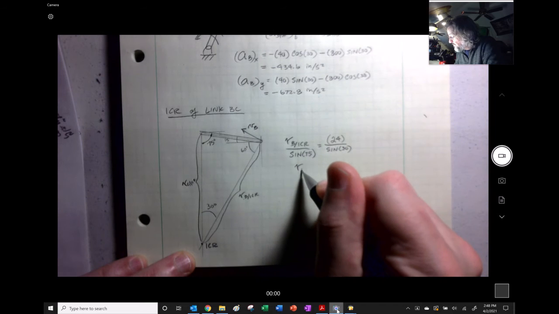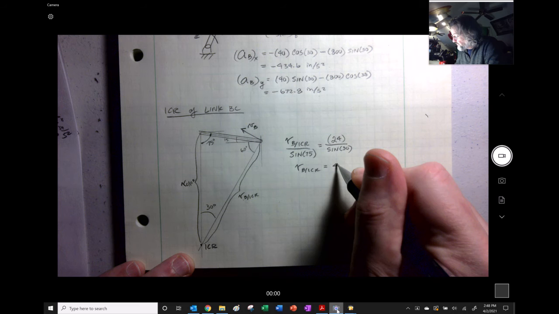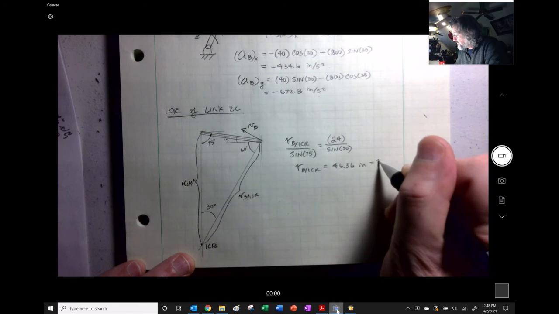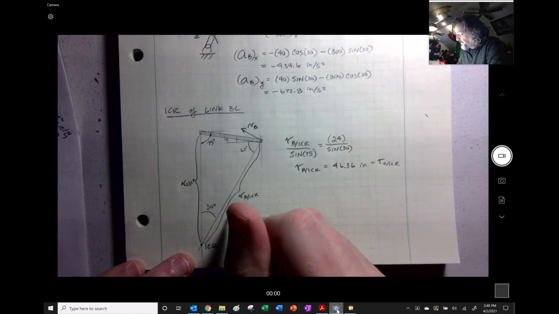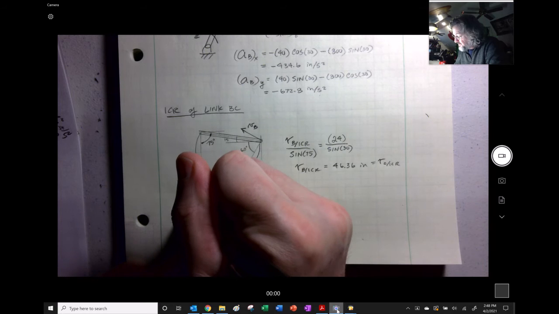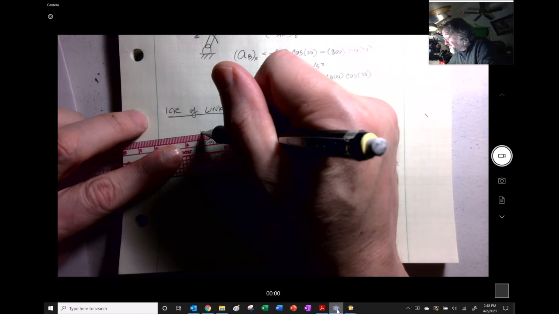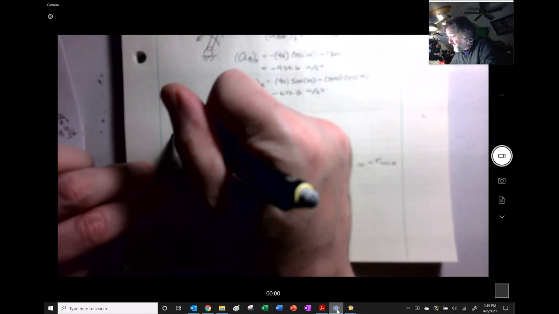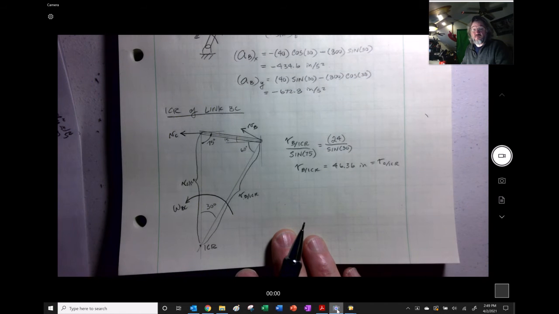So we get RB with respect to ICR equal to 46.36 inches, which is also equal to the RC with respect to ICR. And looking at this, we note that we get an omega BC going in that direction. We also note that horizontally VC is going to be in that direction.